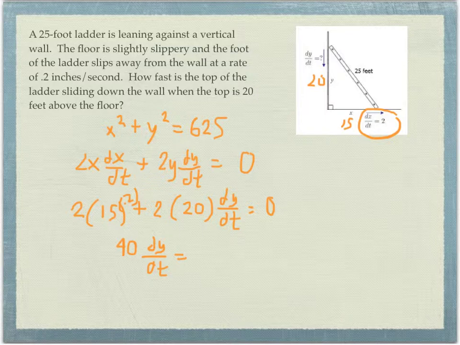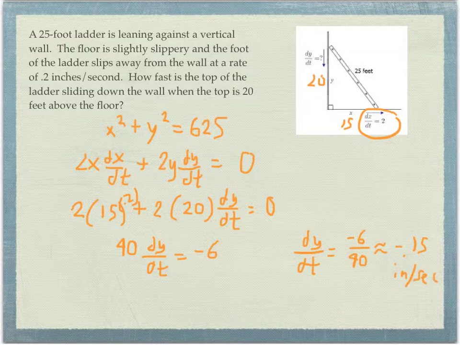But when I have to subtract it over on that other side, it's actually going to be negative 6 there. And then if I divide both sides by 40, my dy over dt will be negative 6/40, and I believe that's approximately equal decimal-wise to negative 0.15 inches per second.